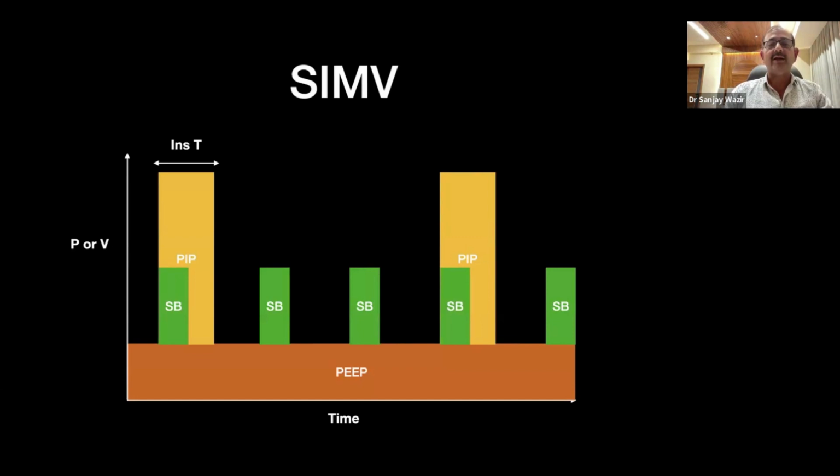SIMV, on the other hand, as I said, is the IMV or a CMV with synchronization. Whether it is flow triggered or pressure triggered, the moment the baby starts breathing, the ventilator delivers a breath, so that there is inspiratory synchrony. The moment the little baby breathes, the ventilator boosts up. But in SIMV you set a rate.